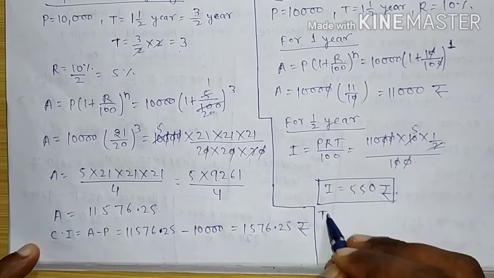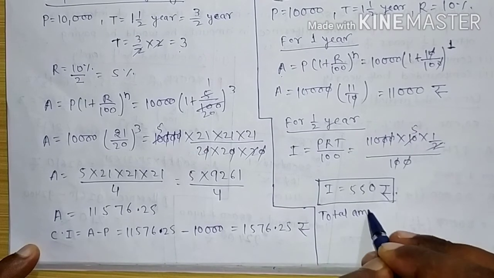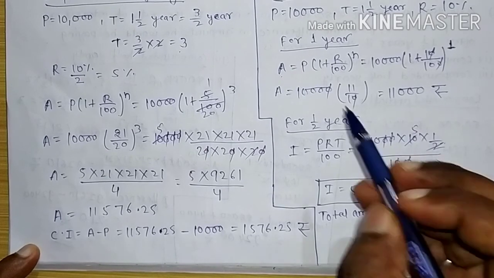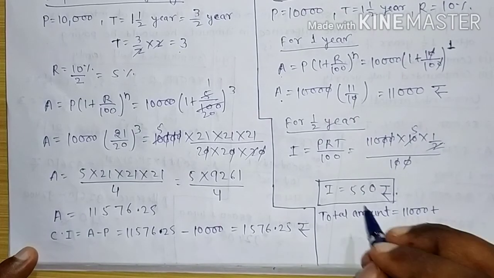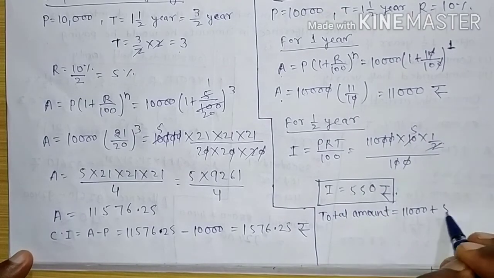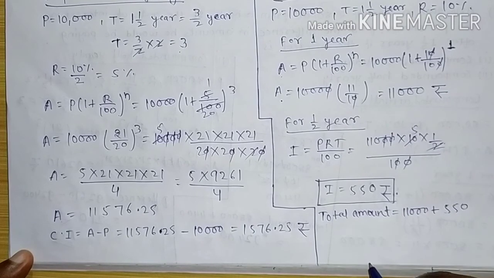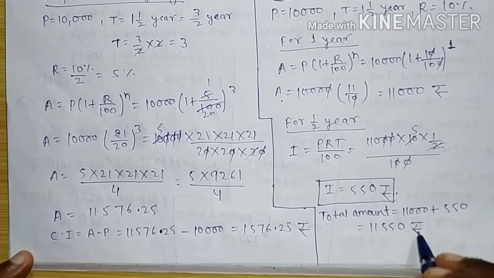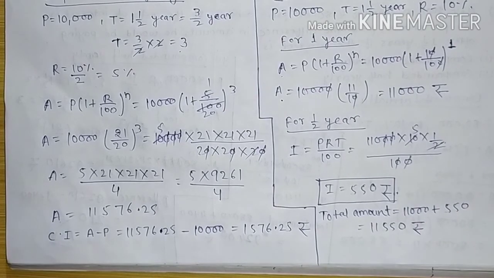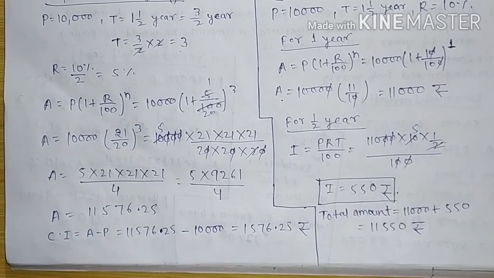So total amount equals amount, that is 11,000, plus interest, that is 550. Now the total amount will be 11,550 rupees. So compound interest equals total amount minus principal.